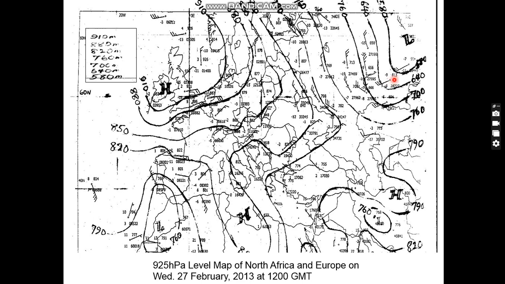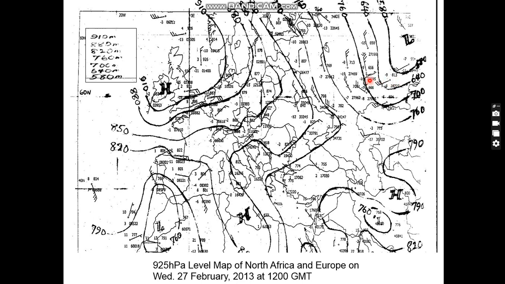The same thing here: the value of the geopotential height is at the right-hand corner of this station. This value is 613 meters. This is the height of this 925 pressure level from sea level at this station.